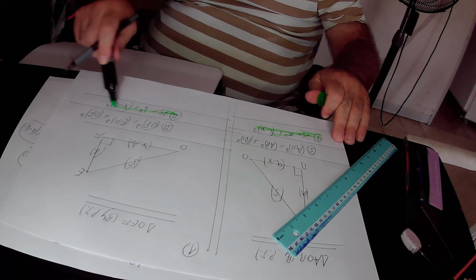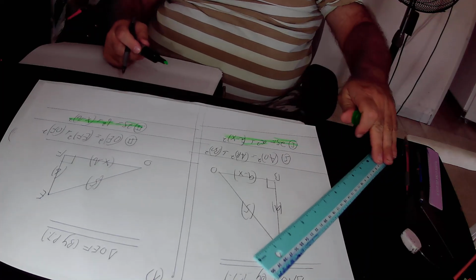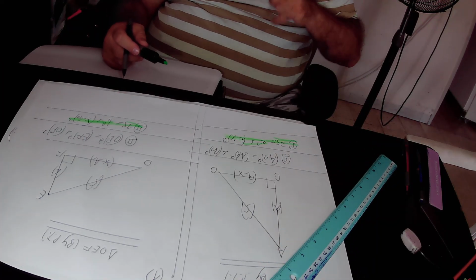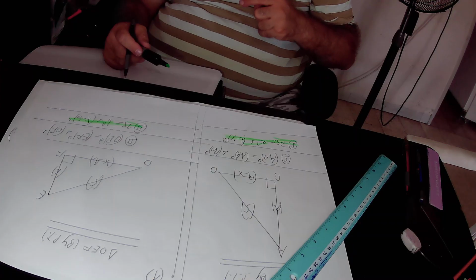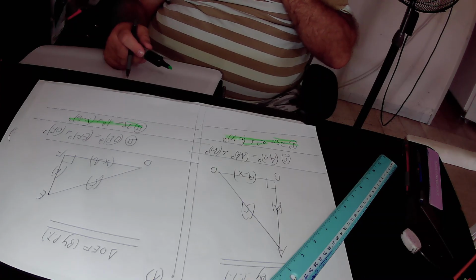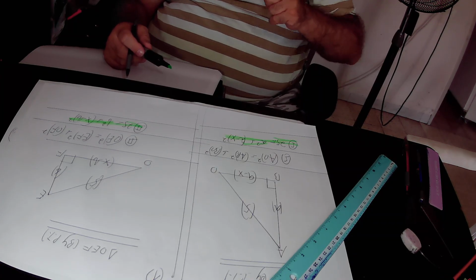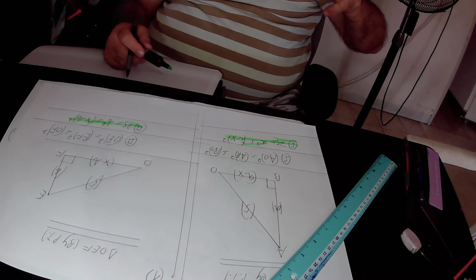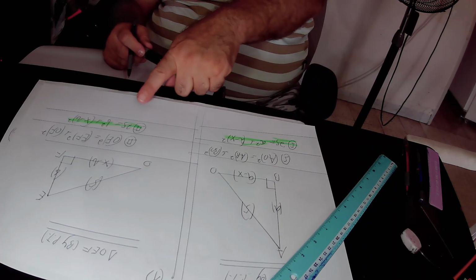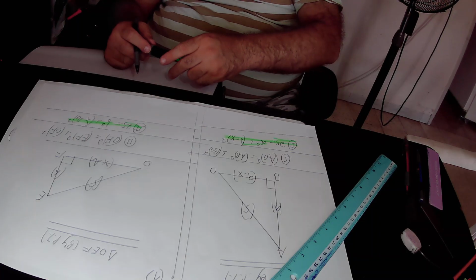According to equation 1, we have already found that 25 equals A squared plus (A minus X) squared. So we get equation 3 that states that 25 according to equation 1 must be equal to 25 according to equation 2.